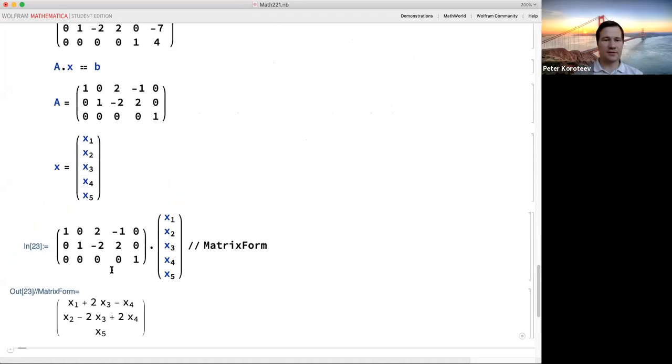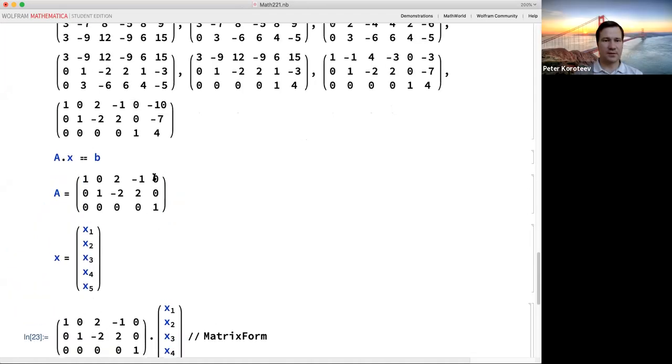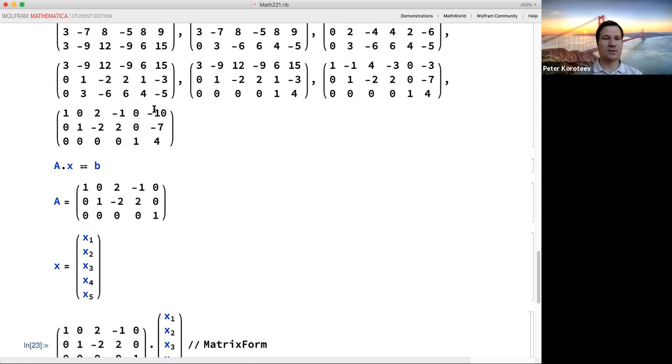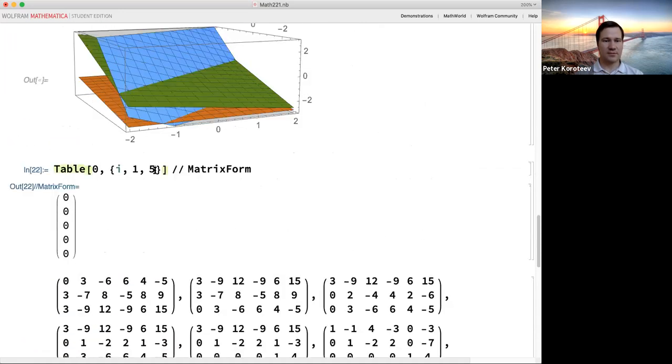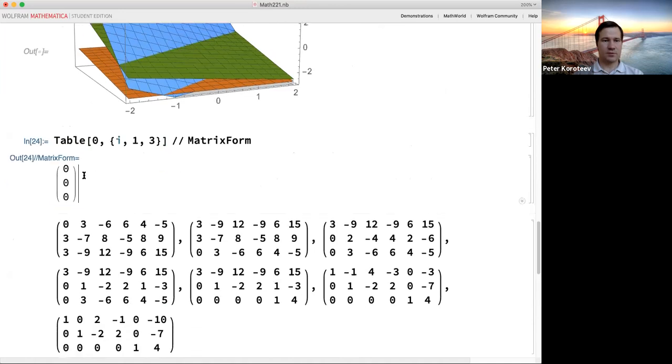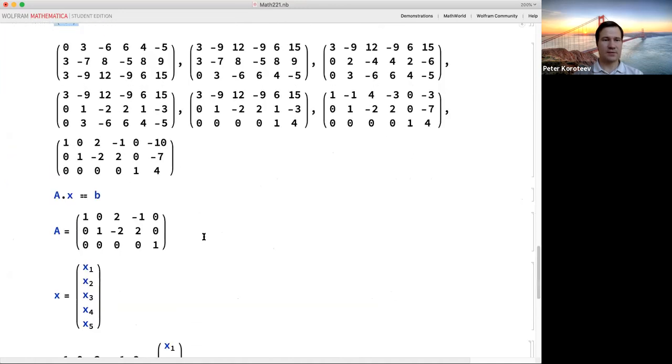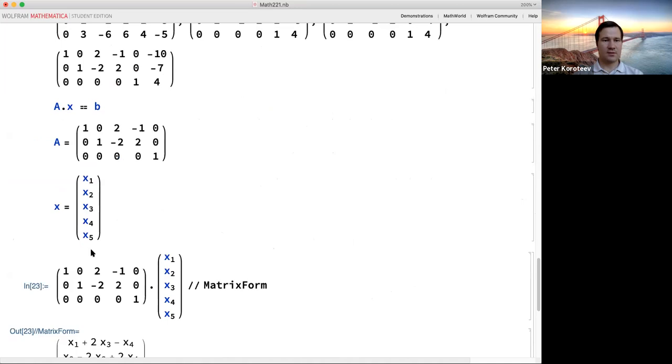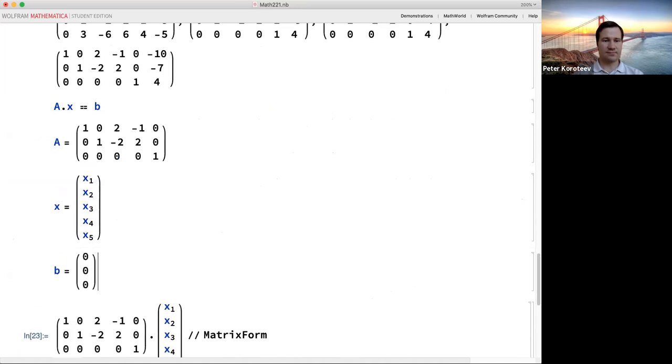And the equation tells you that this column is equal to the column vector minus 10, minus 7, 4. So the equation tells you that B is equal to this.